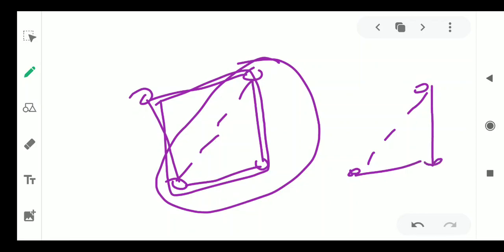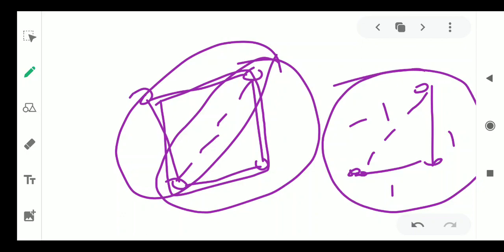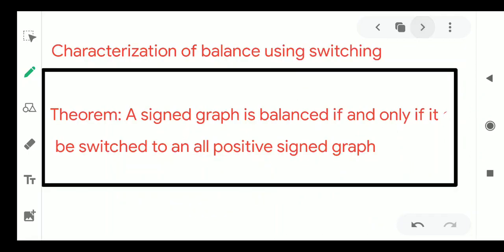This is negative. Moreover, the other triangle is also negative. Why? 1 into 1 into minus 1, that's negative. So the existence of at least one negative cycle will make it unbalanced. So this is an example of an unbalanced sine graph. If all the cycles are positive, then only it will be balanced.